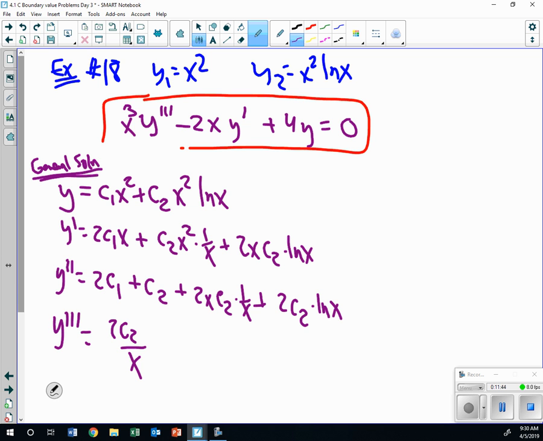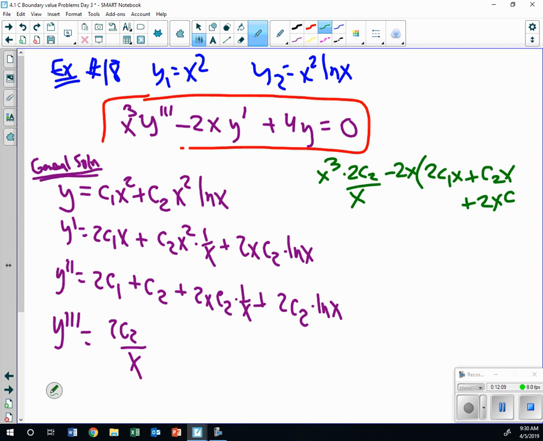So then when we put this back into the original, we're going to get x cubed, third derivative, 2c2 over x, and then we're going to minus 2x times y1, 2c1x plus c2x plus 2xc2 ln x, and then it's going to be plus 4 times c1 x squared plus c2x squared ln x. Hopefully it's going to be equal to 0.